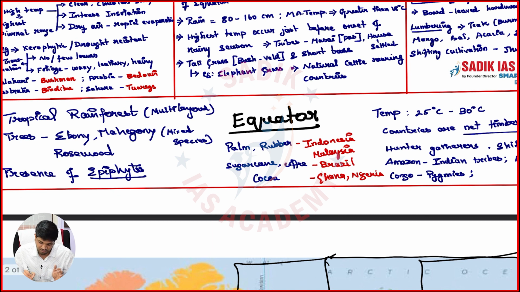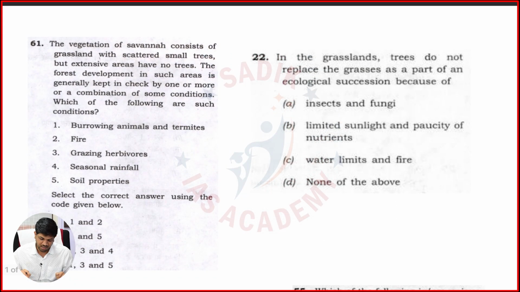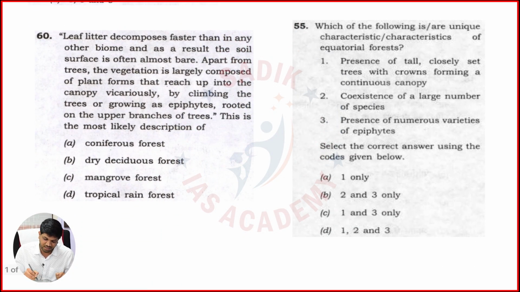In this equator, the rainforest is tropical rainforest and it will be multi-layered, and here the trees are ebony, mahogany and rosewood, and there is a presence of a special kind of epiphytes, and if there are epiphytes, then it is the tropical rainforest only. Then how this knowledge will be helpful to you is, in the prelims 2021 they asked this kind of question.